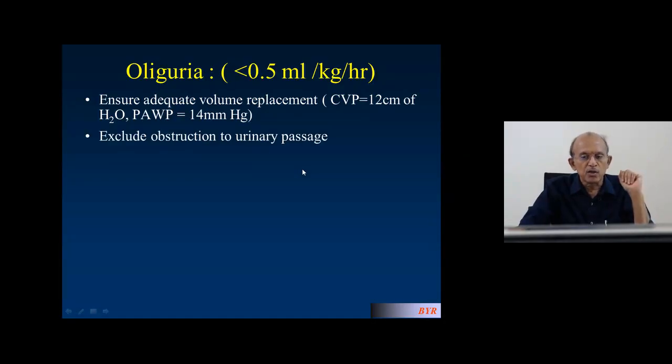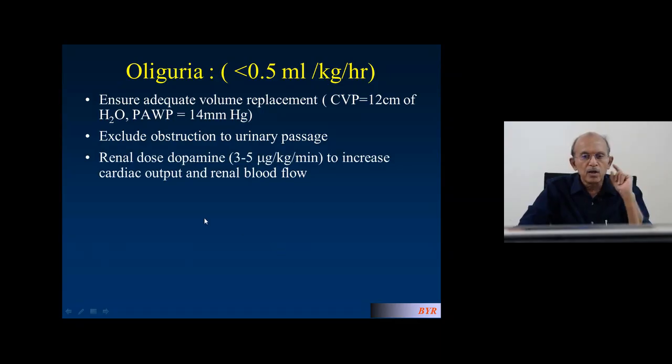Exclude obstruction of the urinary passage, and give renal dose of dopamine, that means 3 to 5 micrograms per kg per minute. This dose of dopamine you give to increase the cardiac output as well as to cause renal vasodilatation and increase renal perfusion.